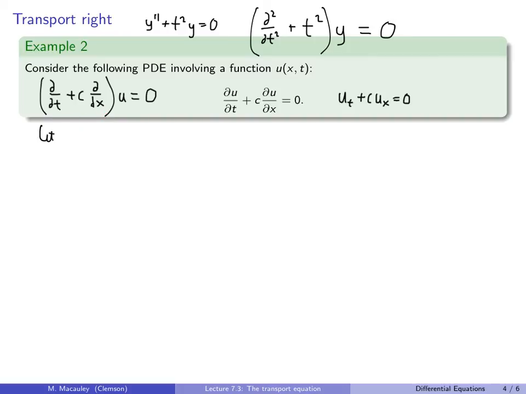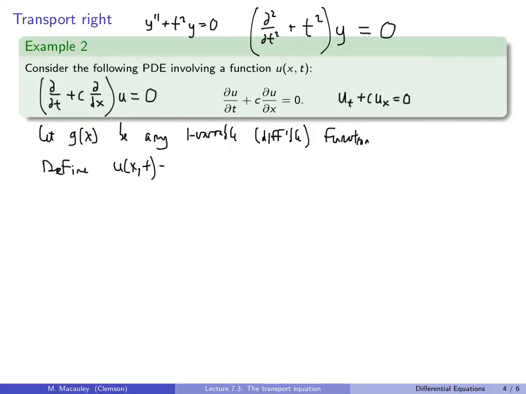So I'm going to let g of x be any one variable, and I should probably say differentiable function. And I'm going to define u, as before, as a two-variable function to be g of x minus ct. So let's sketch what this looks like.